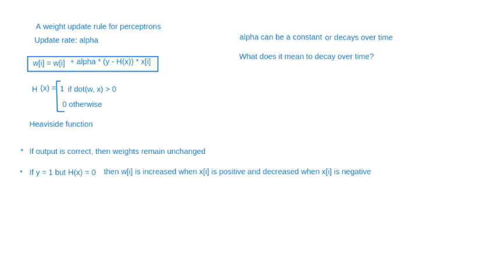Y minus h back up here in our formula would be positive in this case. Alpha is a positive number. So the weight would be increased when the xi value is positive, and it would be decreased when the xi value is negative. And that makes sense since the goal is to make the dot product bigger so that the h becomes 1 instead of being 0. So what are we trying to do? We're trying to adjust the weights so that the dot product becomes the right answer.